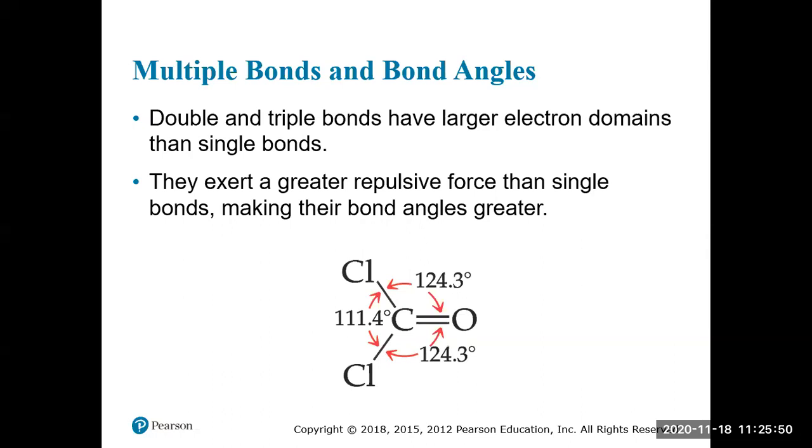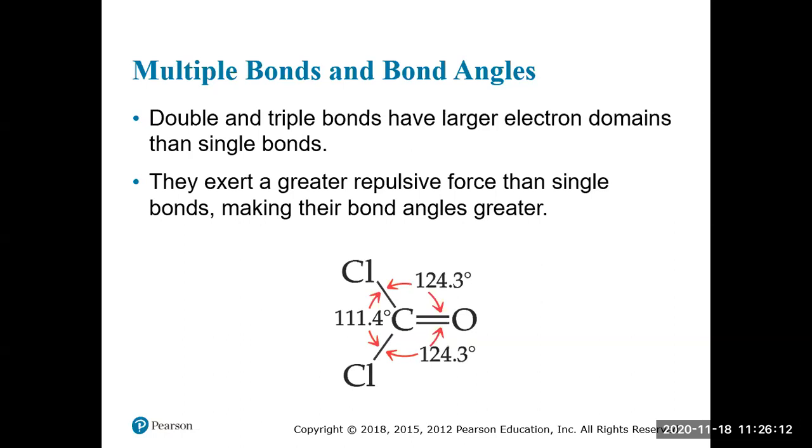Just as we saw with the lone pair electrons, that influences some of these bond angles also, because once again you get this repulsion going on. It's a little bit bigger, so it pushes the bond angles down for some of the other bond angles. And we see an example here of that.